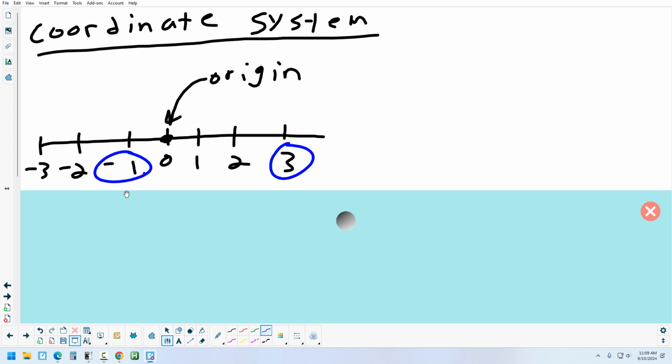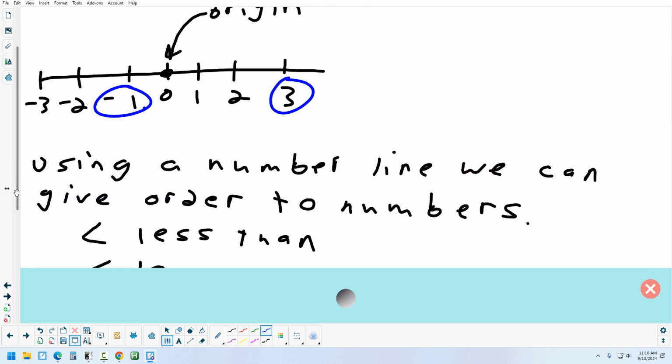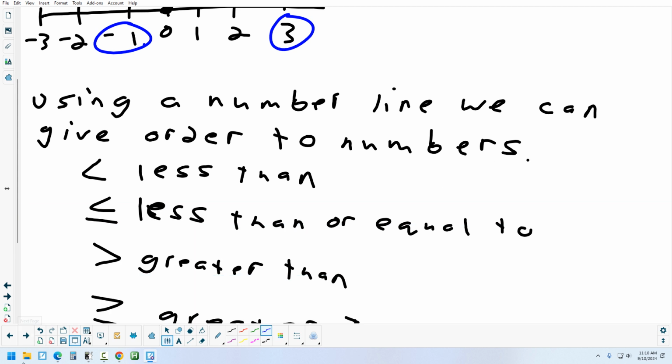Anybody know one of the names of the 4 symbols that I'm thinking of? Greater than. Yep. What's another one? Equal to? Greater than or equal to. Another one. Less than. I think we got most of them. There's just one more: less than or equal to.